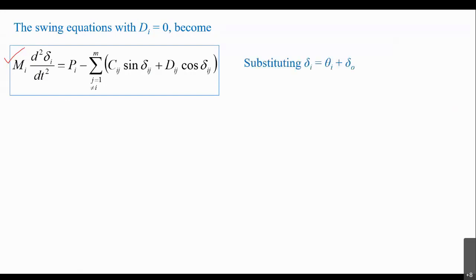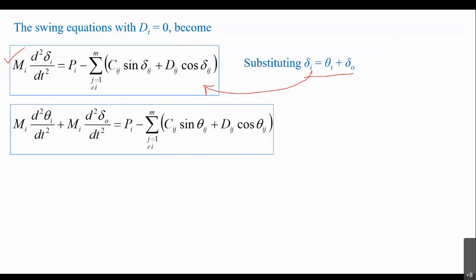Substituting delta i equal to theta i plus delta naught in this equation, each delta i will be substituted by theta i plus delta naught. So it will become Mi d square theta i by dt square plus Mi d square delta naught by dt square equal to Pi minus the rest of the terms.